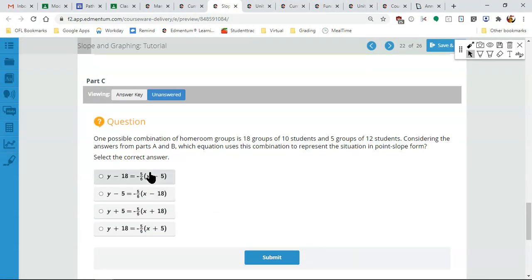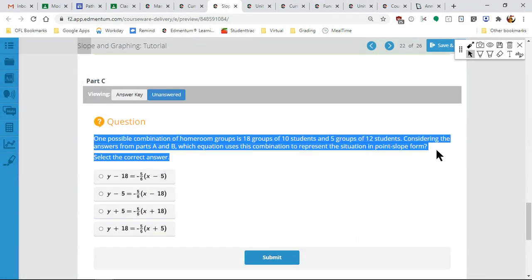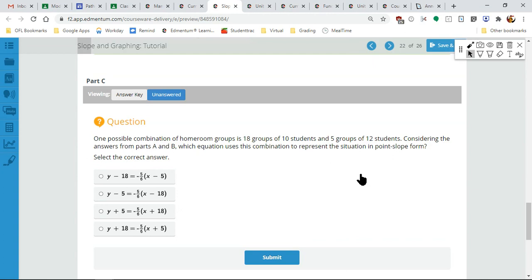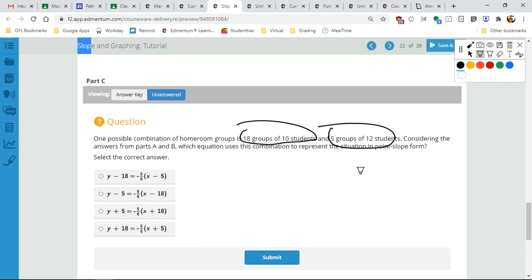So now if we want to do this in point slope form, how are we going to do that? Well, we know that we have a few points here that we can plug in. So this is saying, what possible combination can we use considering these? 5 groups for every student. One possible combination. So we have 2 points that they're giving us, this point and this point.